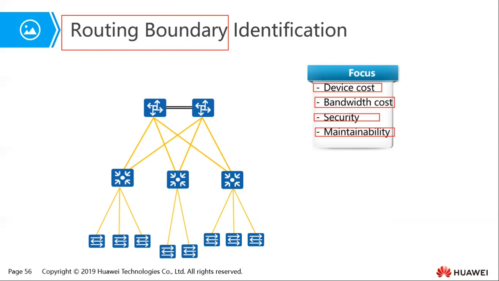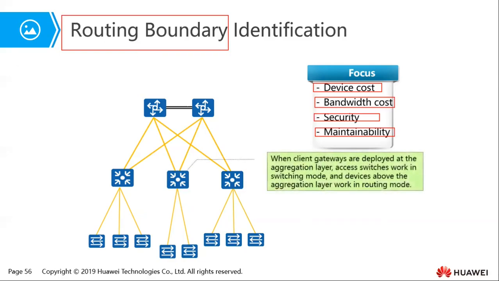Okay, so let's look at this. When client gateways are deployed at the aggregation layer, then the access switches work in switching mode. That means that the access switches only do switching.